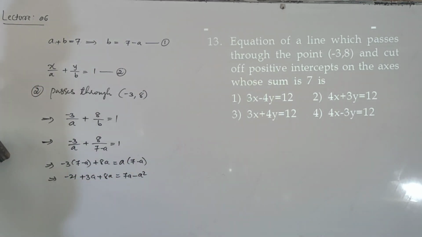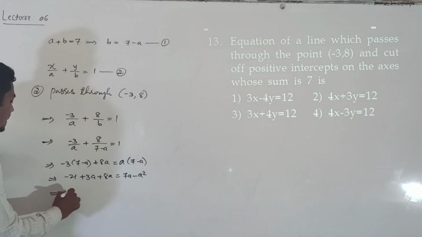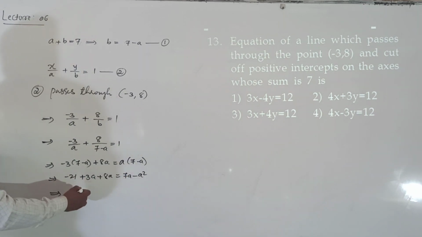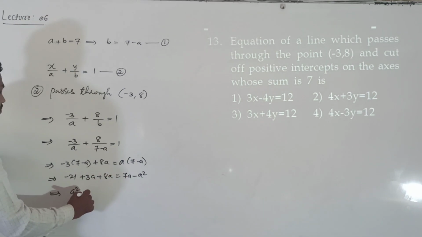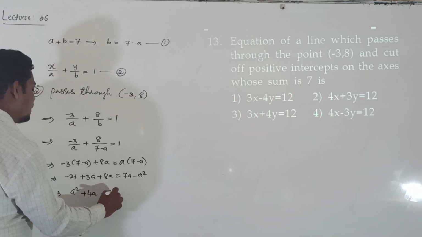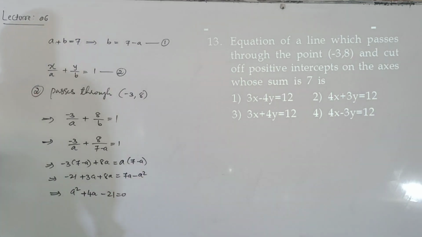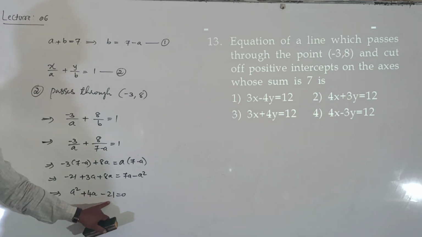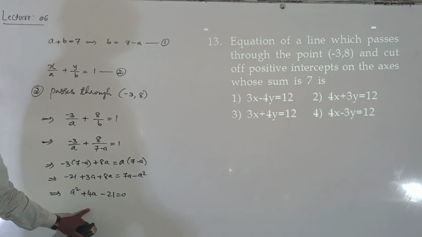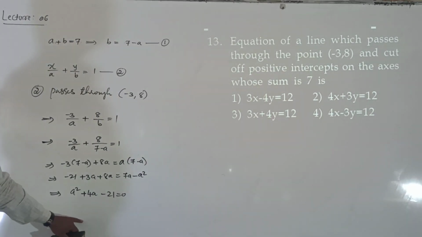Just take it into LHS, then it will be a square minus 7a plus 11a, that is plus 4a, minus 21 equal to 0. Just solve this quadratic equation. Product of two numbers should be equal to minus 21 and their sum should be equal to 4. Those numbers are plus 7 and minus 3, right?